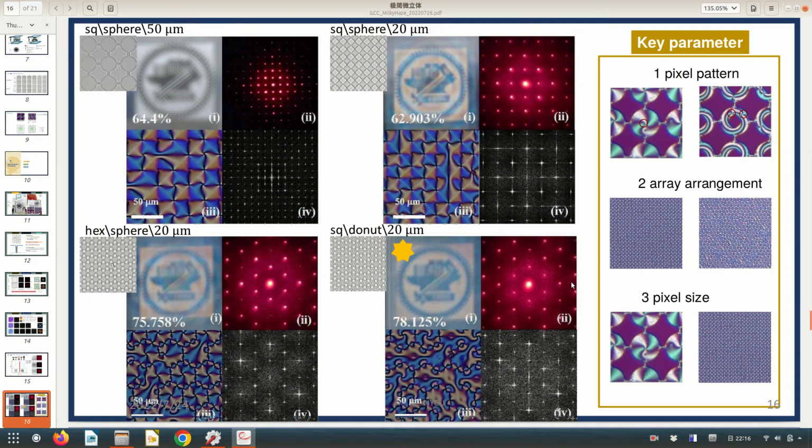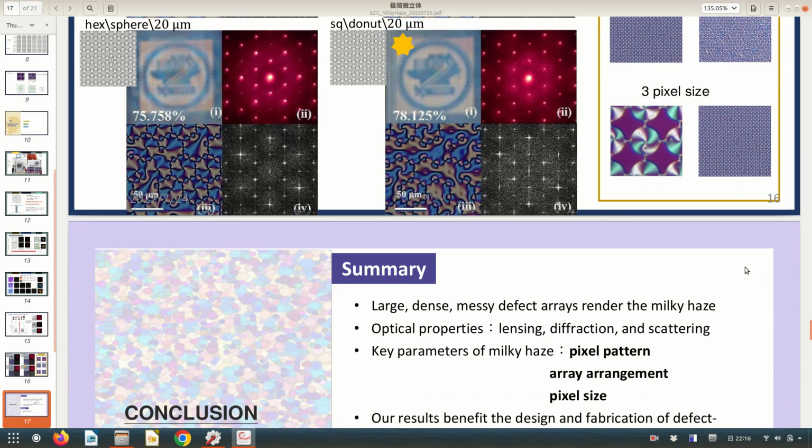This is a hexagonal array with donut pixels, and when the pixel size is 20 micrometers, it gives us the messiest defect distribution and a continuous spatial spectrum, and you can see the milky haze right here. So here are the key parameters: pixel pattern, array arrangement, and pixel size, and we can play around with them.